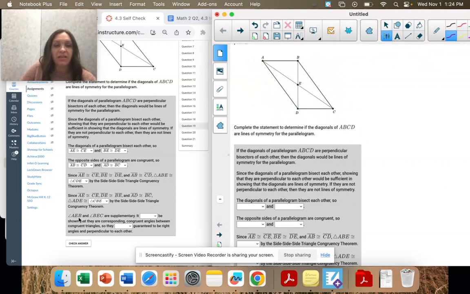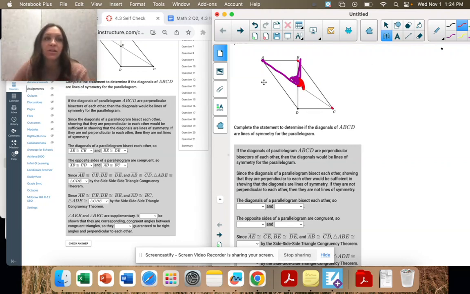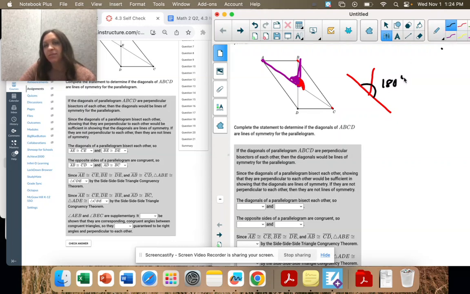So angle A to E to B. So we're talking about this angle right here. Okay, and then we're comparing it to angle B to E to C. So we're comparing it to that angle. So those are 2 angles on a straight line. What do we know about 2 angles on a straight line? They add to 180. So those are supplementary angles.